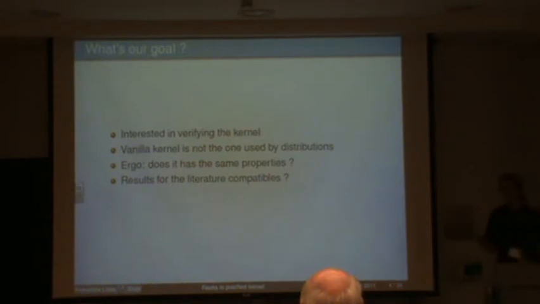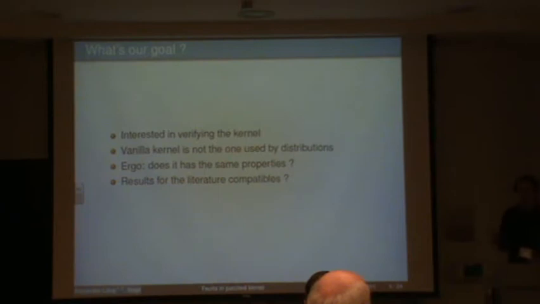By properties, I mean we can find in the literature quite an interesting number of studies of faults in the vanilla kernel, but we were interested to know if those studies were applicable in our case, and in fact in the case of any distribution. So to rephrase it, does the fact that we have a patched kernel change anything in the results of the literature?